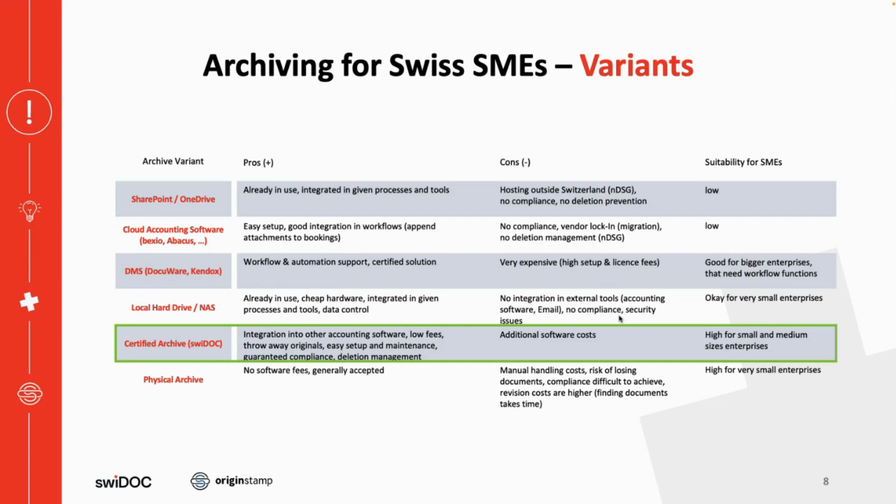Then next up, we have Bexio or other bookkeeping software. There I have an advantage that I'm already very widely using these software tools to store invoices and bills and already have them attached to my bookings.